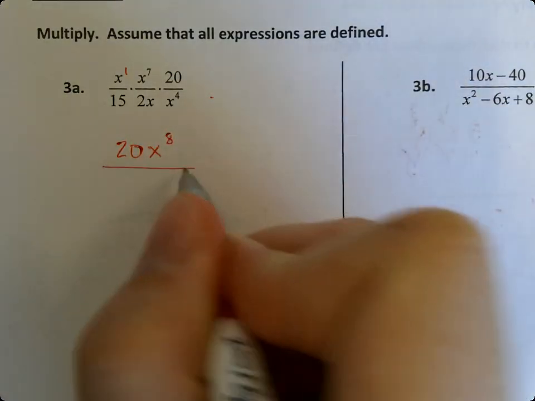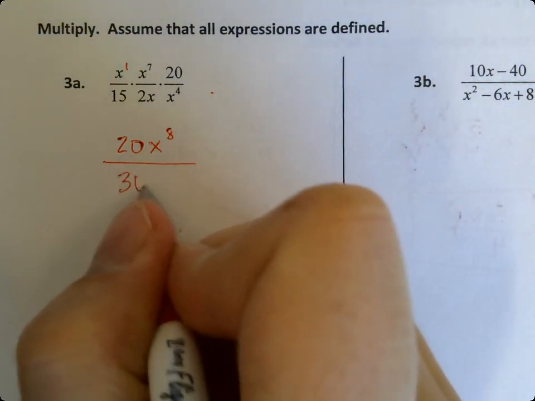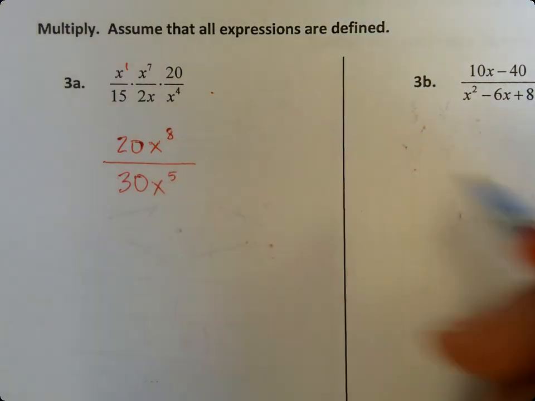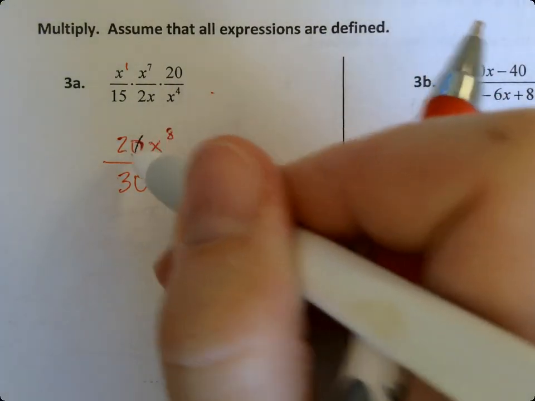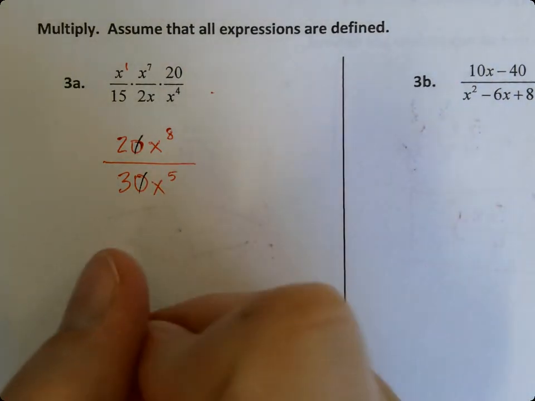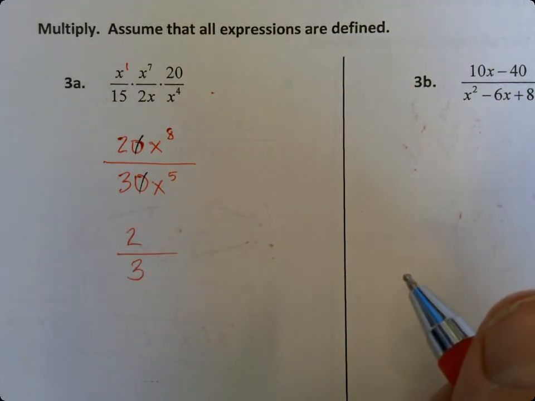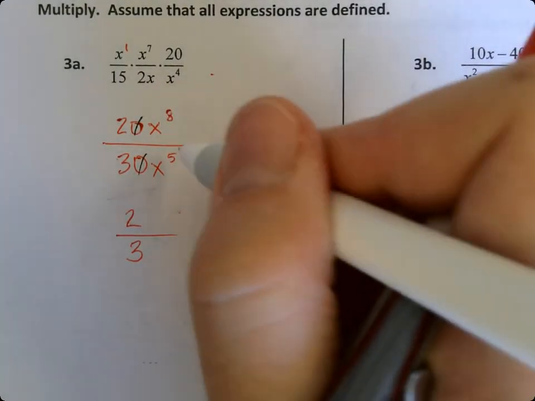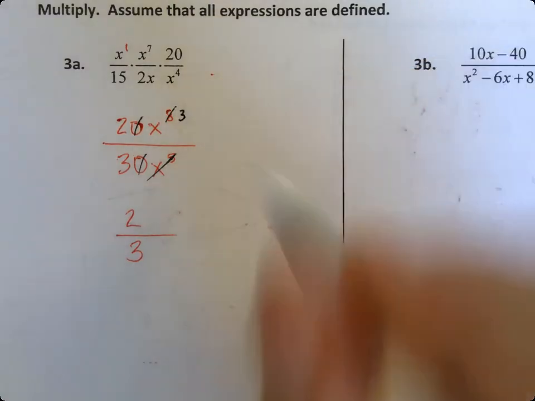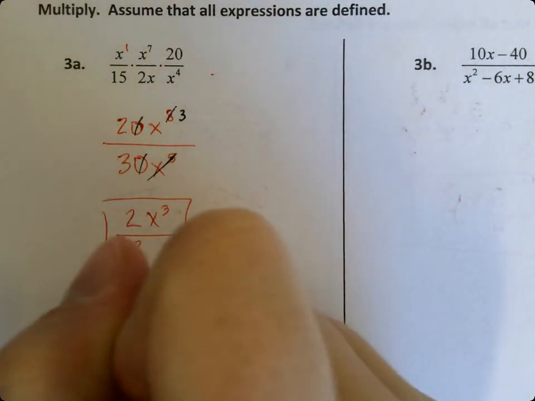What do we have in the denominator? 30x to the 5th. Okay, look at your numbers. Yep, divide by 10 or knock out these zeros. So keep your fraction. I'm left with a 2 and a 3. All right, so who has more x's? You're saying the top? So take out 5, and what's left? Yep, there it is. That is your answer.